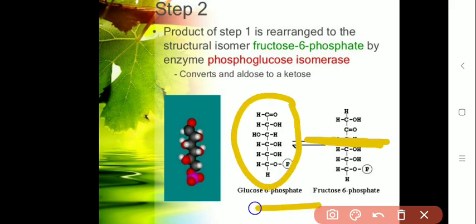Here you can see glucose 6 phosphate is the aldose sugar, and this aldose sugar is converted into ketose sugar, which is fructose 6 phosphate.